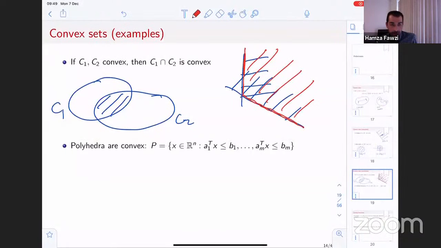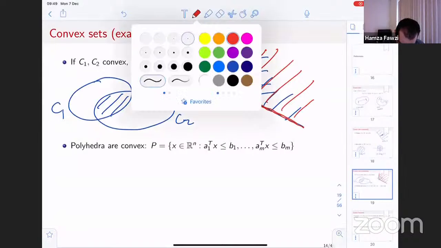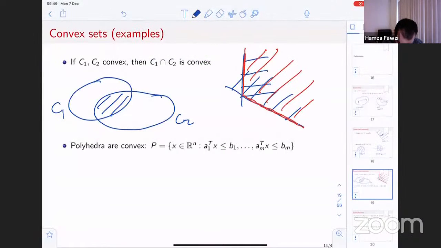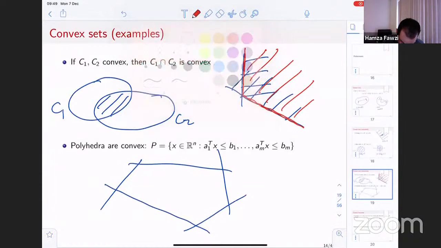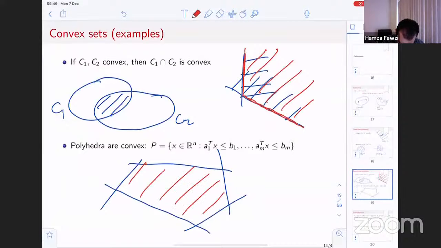If you intersect m different half spaces, what you get is what we call a polyhedron. So if this is a hyperplane, this is another hyperplane, and so on, and you intersect all these half spaces, what you get is something called a polyhedron.